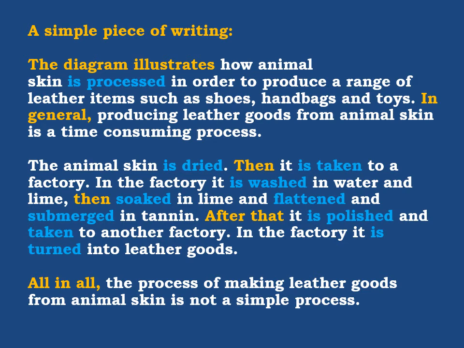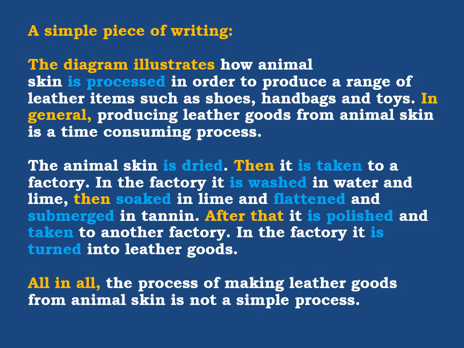But if you put a full stop after water, for example, if you say in the factory it is washed in water and lime, and you put a full stop, then you start the next sentence, you say then it is soaked. Here you use is.